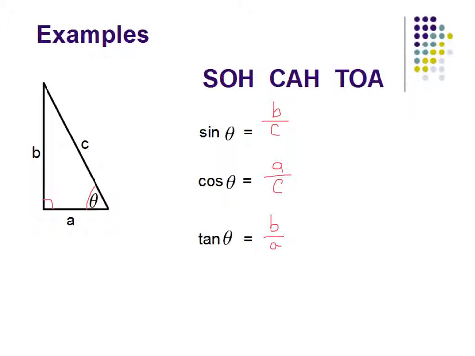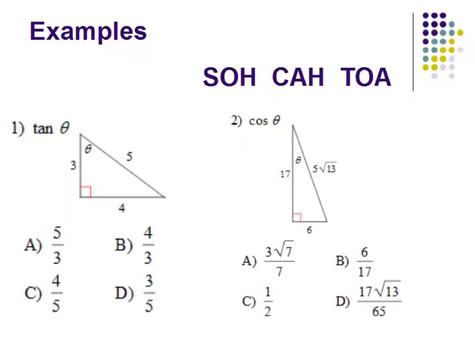All right, so I thought I'd throw in some little practice, like ACT type questions. These are a couple multiple choice questions, and a lot of times on the ACT there's usually a quick, simple little SOH CAH TOA type of question. It should be an easy problem for you to get. If you look at this first one, number 1, the tangent of theta.